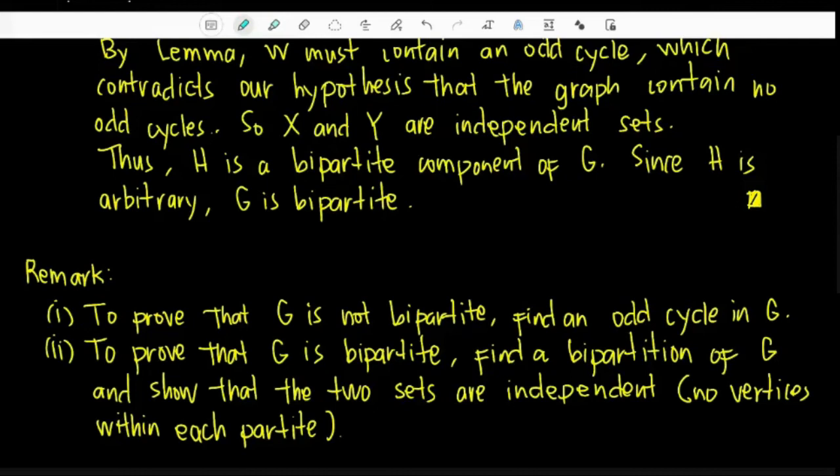On the other hand, if you wish to show that G is bipartite, then all you need to do is to find a partition of G and show that the two sets are independent, meaning no vertices within each partite. Okay.